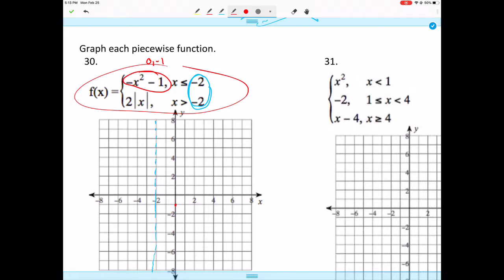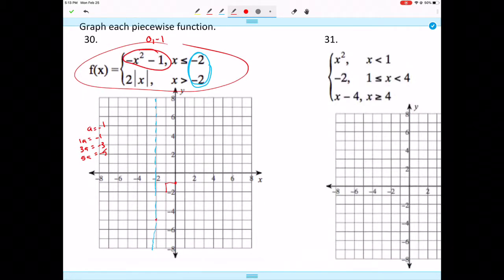And the growth pattern is negative 1. So 1a, 3a, 5a, where a equals negative 1, gives us negative 1, negative 3, negative 5. So we'll go over 1, down 1, over 1, down 3, over 1, down 5, which would be something like there. And we'd connect the dots.